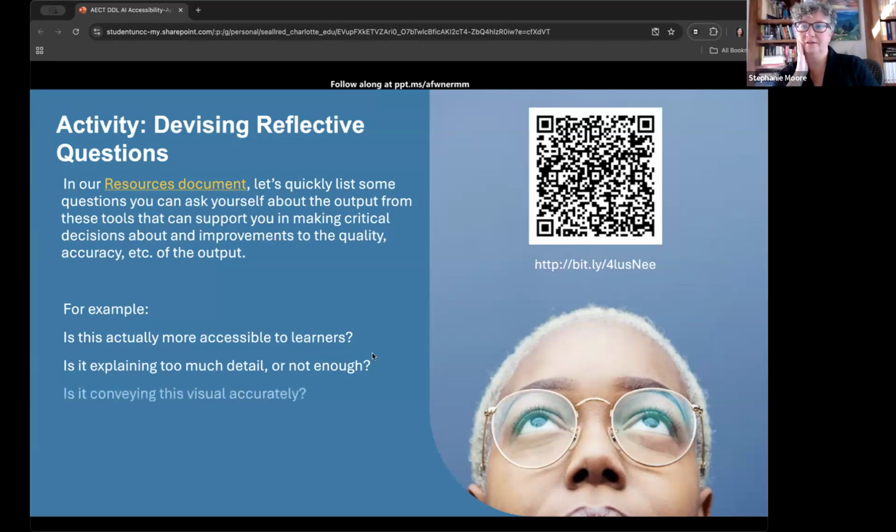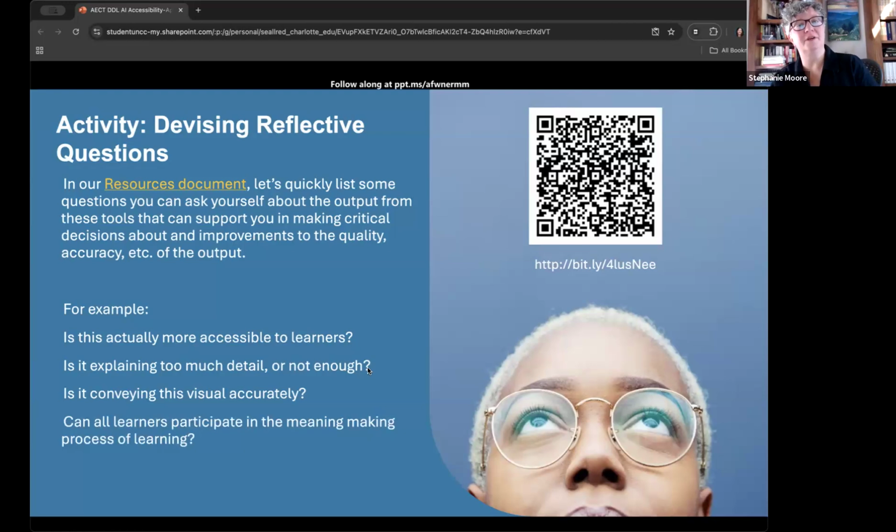Is it conveying this visual accurately? Is it even accurate? And again, I love the question you were asking about, is it maybe giving away too much of the detail? And then finally, even asking, can all learners participate in the meaning-making process of learning?